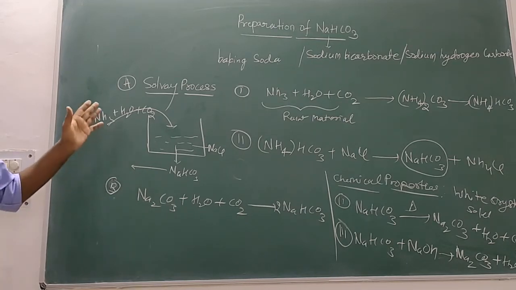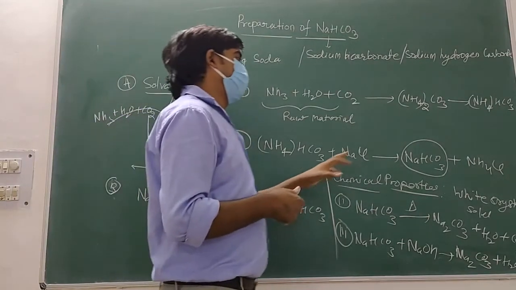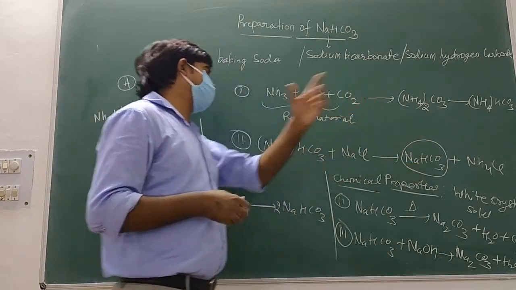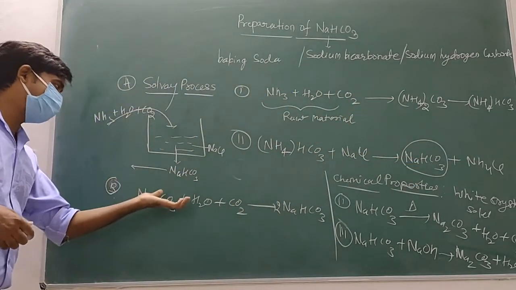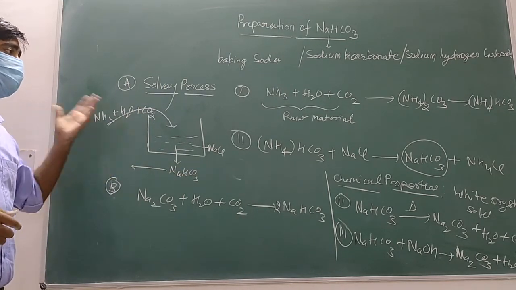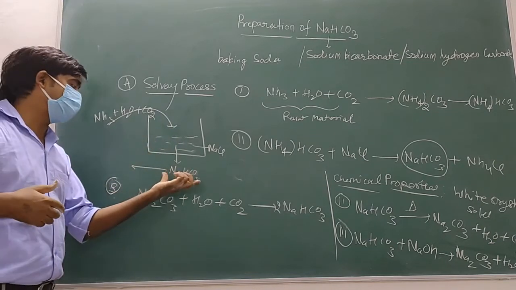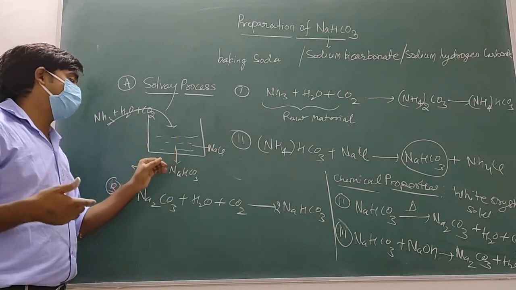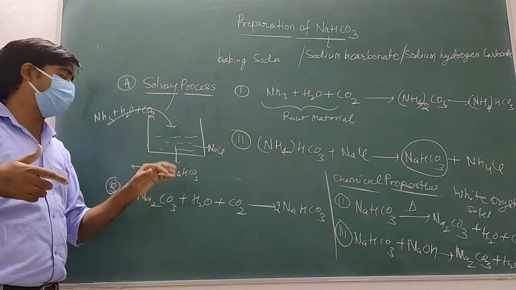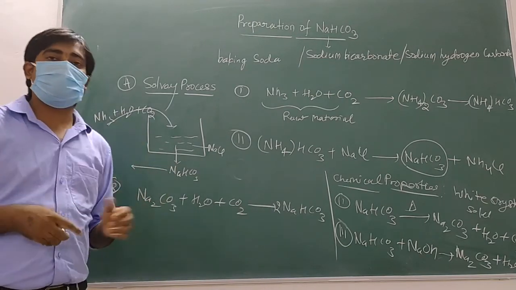You know very well that sodium bicarbonate is partially soluble, so it precipitates and you can separate and store it. But if it is potassium, it will not precipitate because of the solubility of potassium hydrogen carbonate in water.